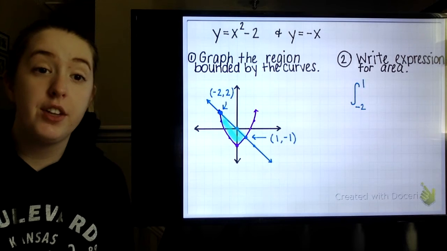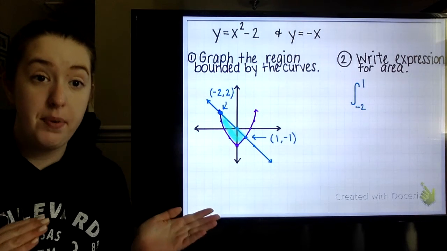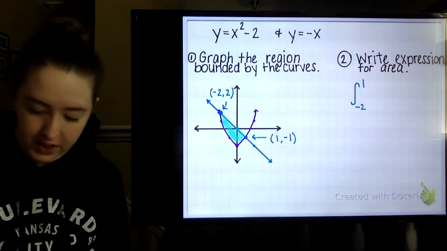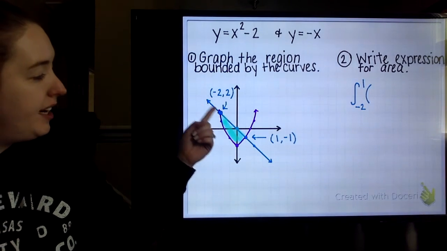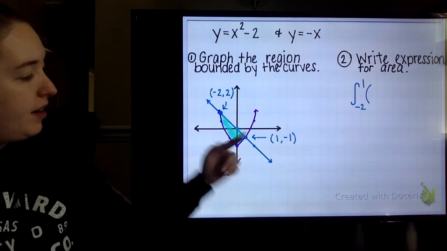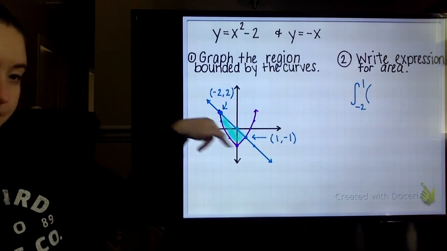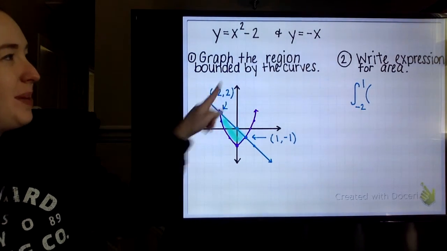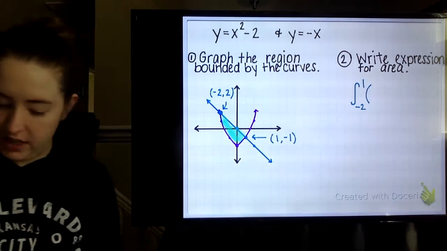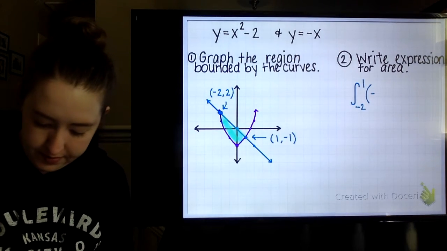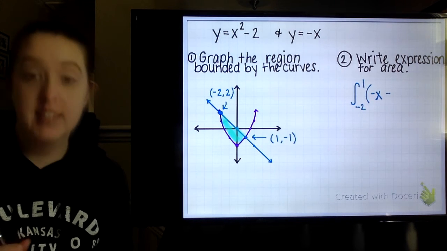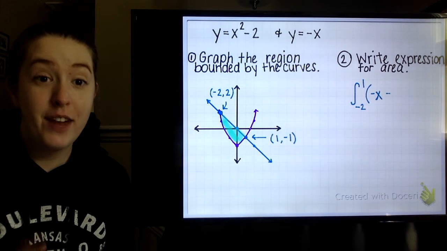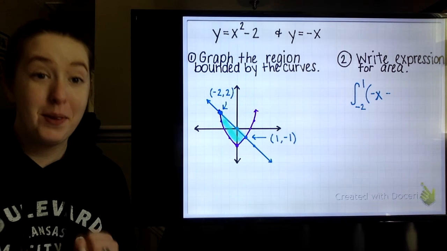And then I want to make sure that I have the top function minus the bottom function. So I'm going to put some parentheses. So the top function here was my line, because that's the one that's above this guy. So my line is my top function, so that's the opposite of x. Minus. Now, life advice. We like parentheses.